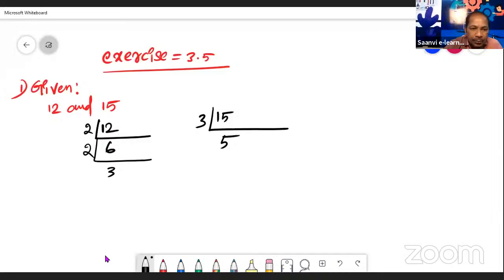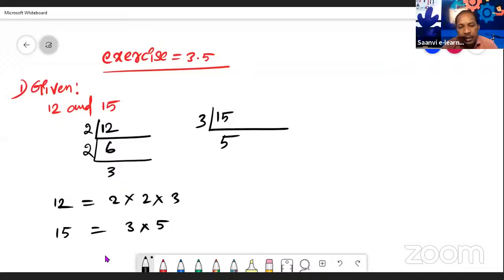Now write the factors of 12 and 15. The factors of 12 are 2 into 2 into 3. And the factors of 15 are 3 into 5. Okay.